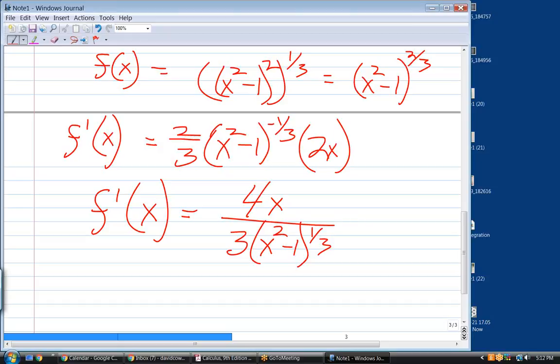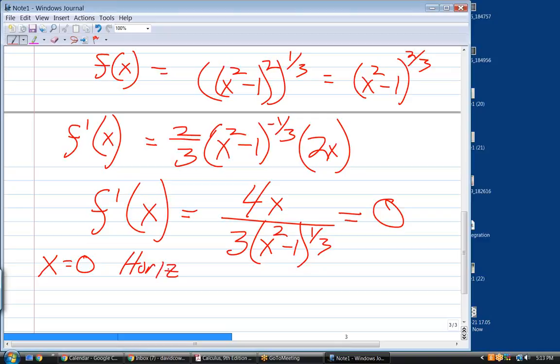So if I have a rational function, or a rational quotient, that's equal to 0, the only thing you really need to care about is the numerator, because the only way this thing can be equal to 0 is if the numerator is equal to 0. Notice I can multiply both sides by this, and I have to have 4x equals 0. So x equals 0 is a horizontal tangent line.